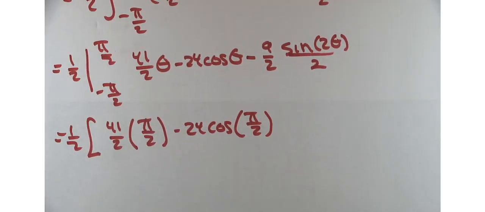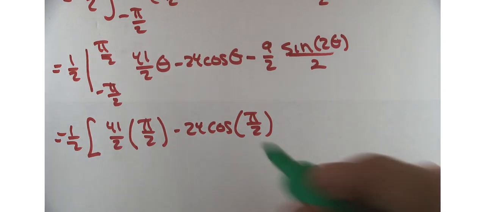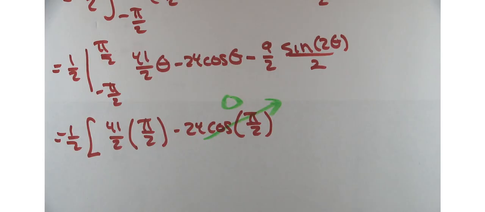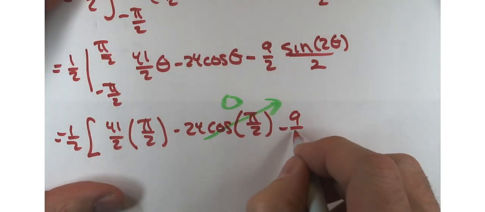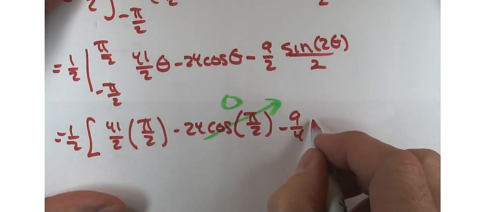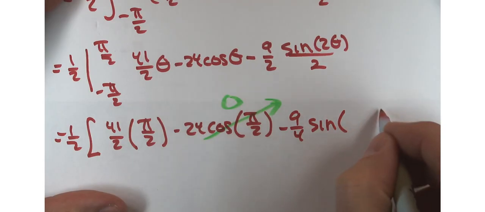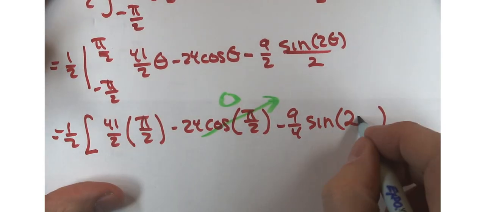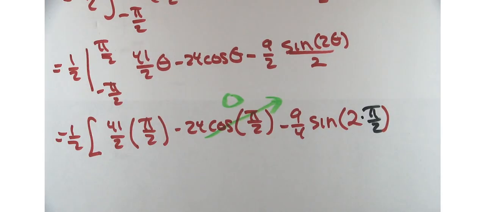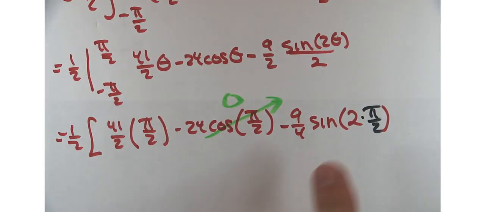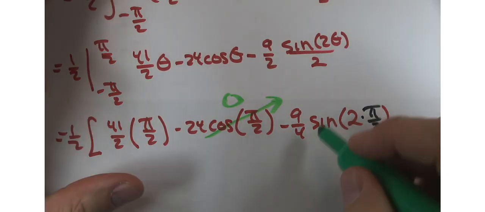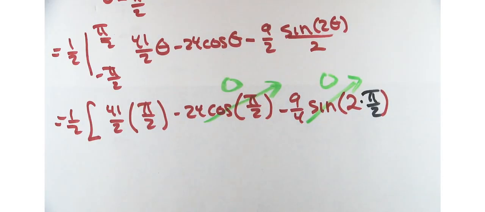What is that good news? 0. So that's a nice 0. And then I'll have minus 9/4 times sine of 2 times pi over 2. Two times pi over 2 is pi. What's the sine of pi? 0. So we're lucky on that first part.